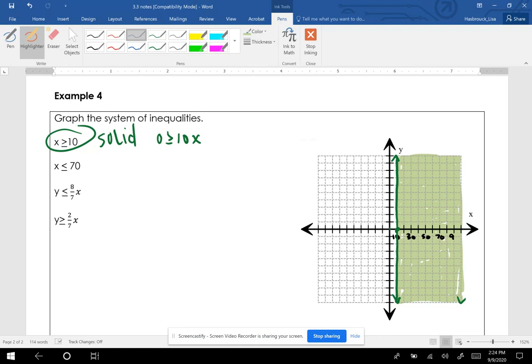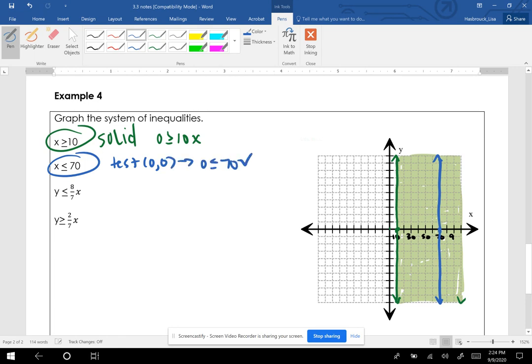Okay, let's go ahead and do that x is less than or equal to 70 now. So at 70, I have a solid line again because it's less than or equal to. And if you think about this one, if you test 0, 0, you get 0 is less than or equal to 70, which is true. So I'm shading to the left.